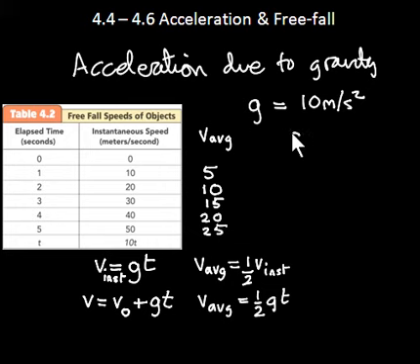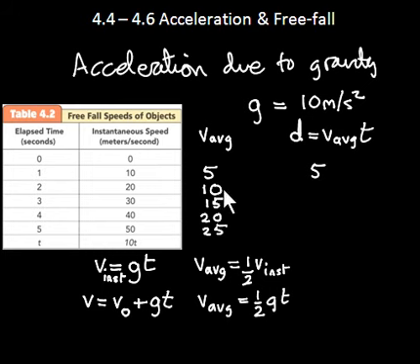And then finally, to figure out what distance the ball has traveled if starting from rest, we just have to multiply the average velocity by the time taken. Remember that our definition of average speed is just distance over time. So we can calculate it as average velocity times time. So 5 meters per second for 1 second, 5 meters.